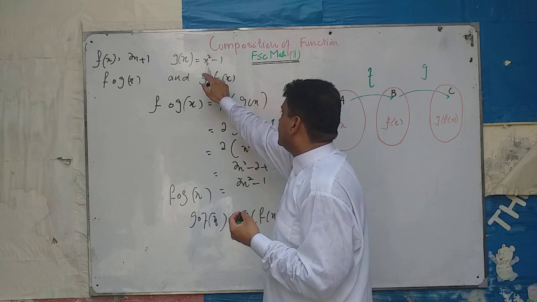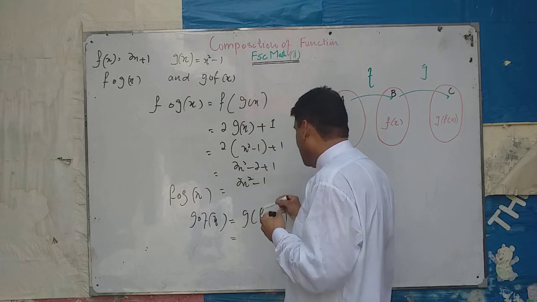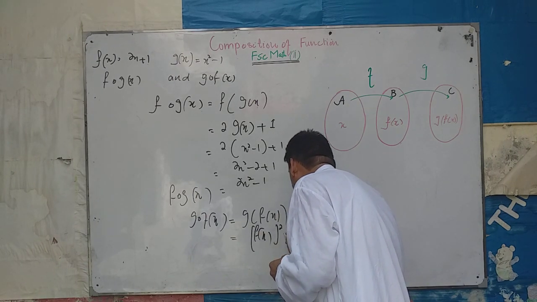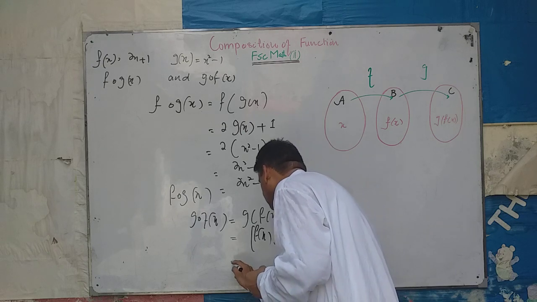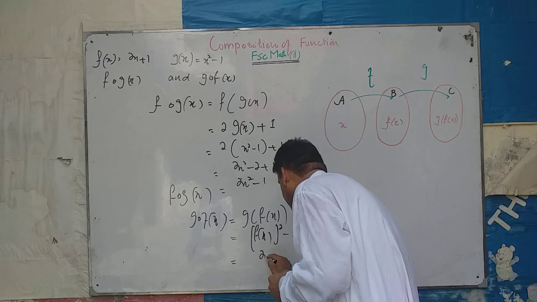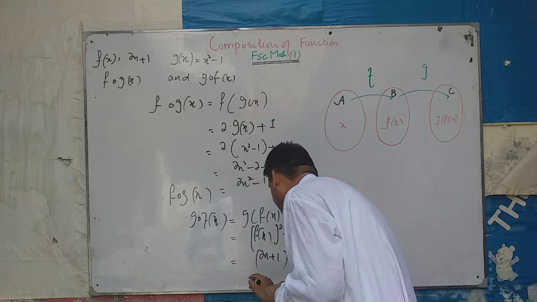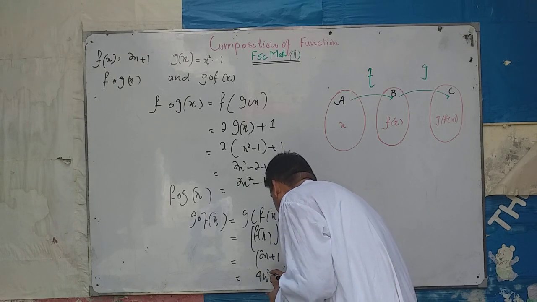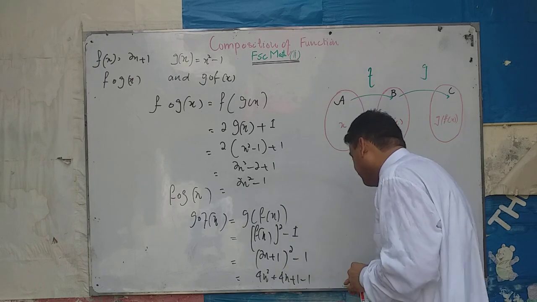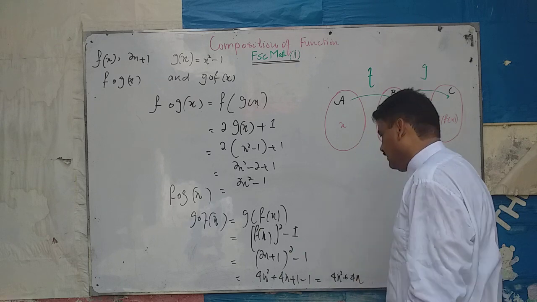So we write 2x plus 1 whole square minus 1. By expanding the square, we get 4x square plus 4x plus 1 minus 1. After simplifying, we get 4x square plus 4x.